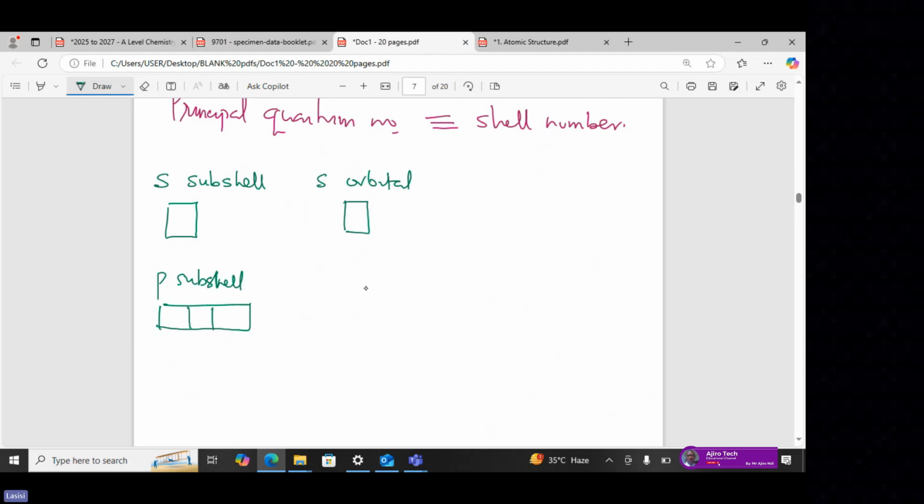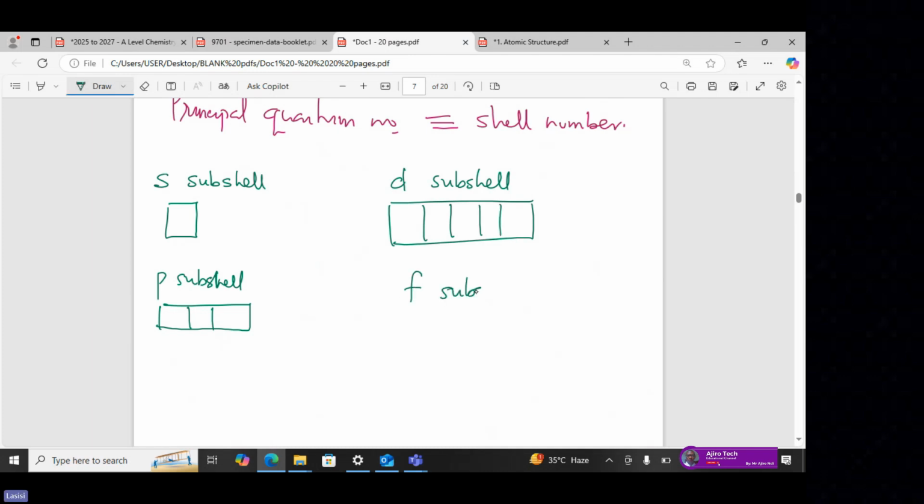Each orbital can only hold 2 electrons. D subshell has 5 orbitals. F subshell has 7 orbitals: 2, 3, 4, 5, 6, 7.